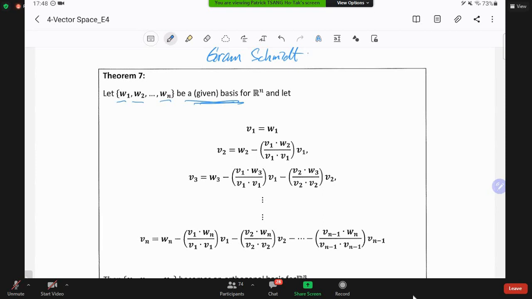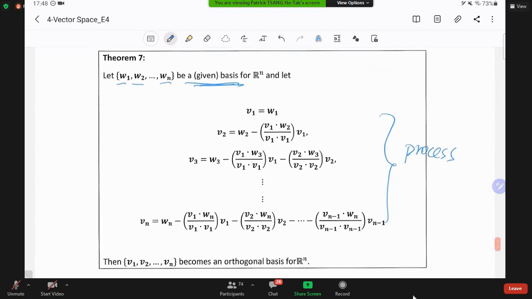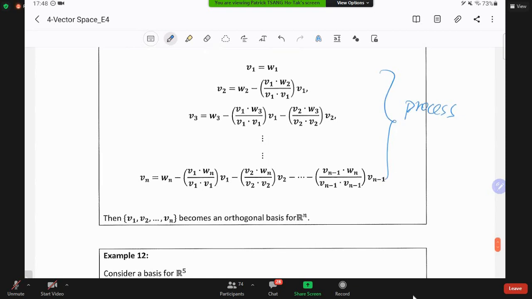And then after some process, finally you will get another set, V1, V2, until the last one, Vn, and I will say this set will become an orthogonal basis for the general Rn space.